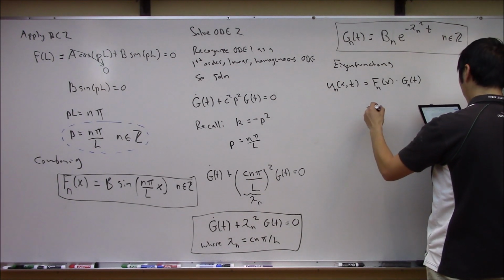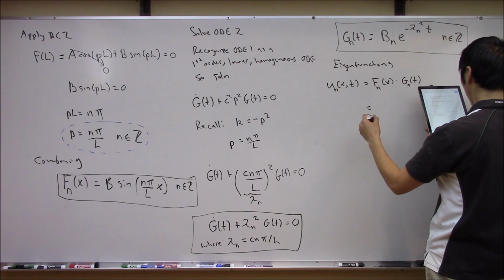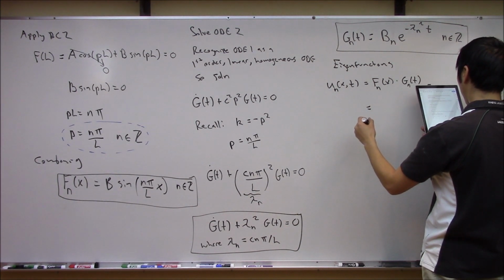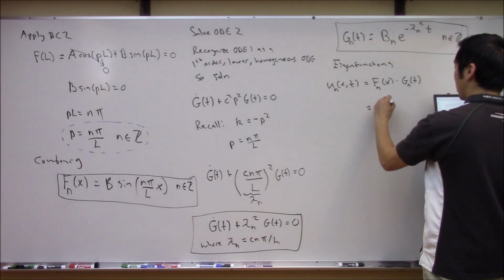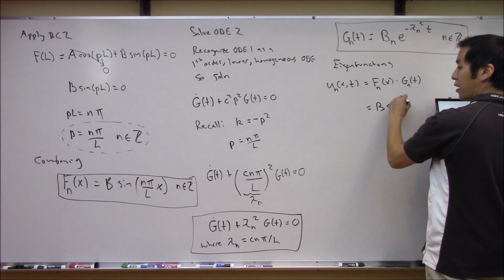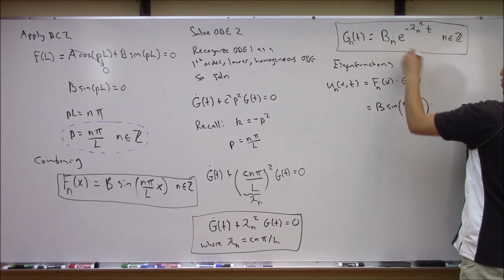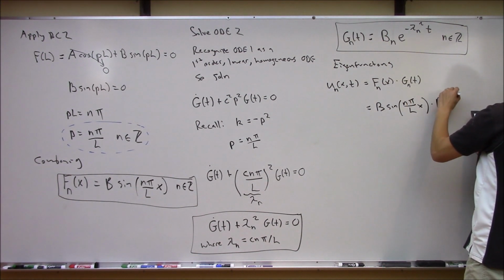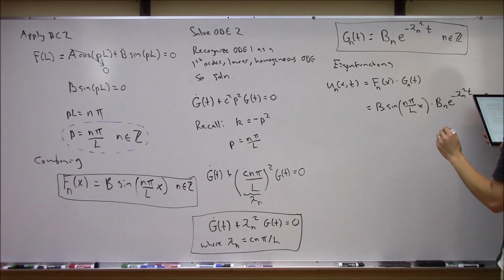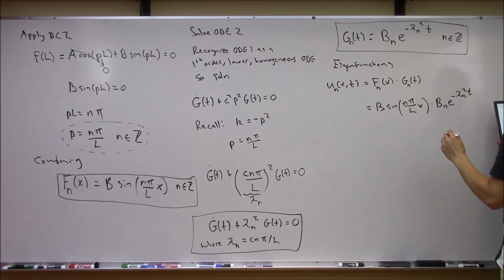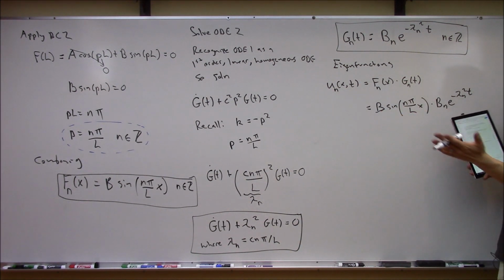So we end up with b sine of n pi over L x times bn e to the minus lambda n squared t. Now if you notice, this b and this bn are just arbitrary constants.